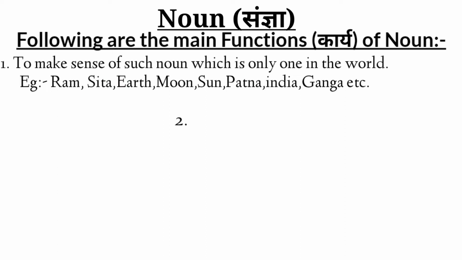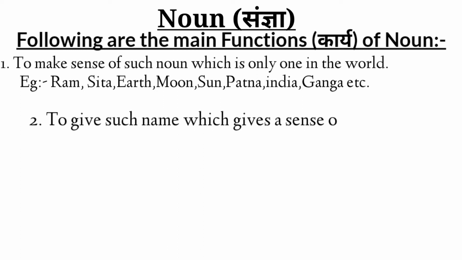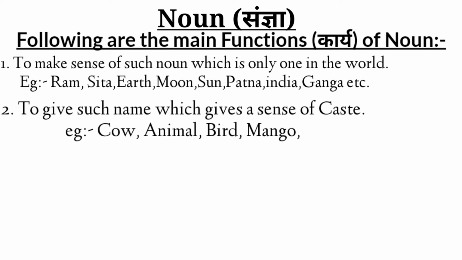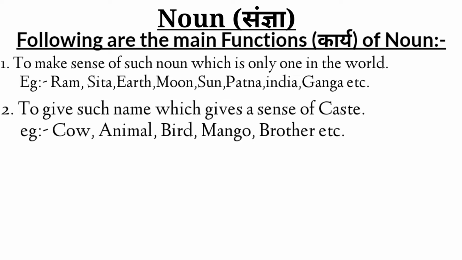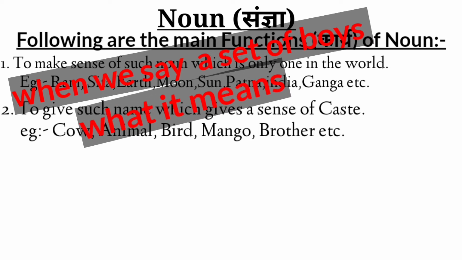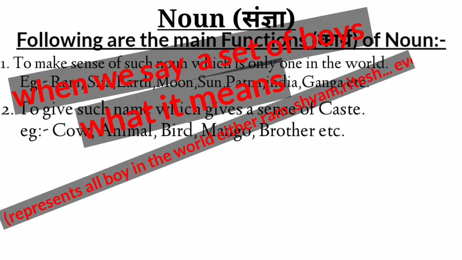Now the next point says that to give such names which give a sense of their caste. It means that it represents a set of something. When we say Ram, Rahul, Ritesh, Rocky, these are names of people, only one person each.